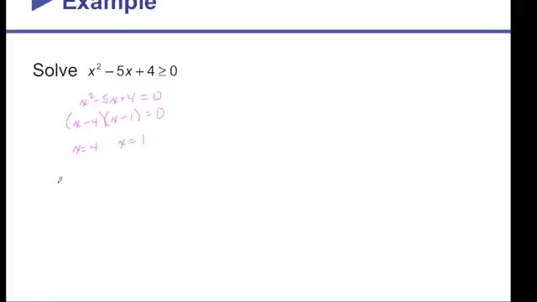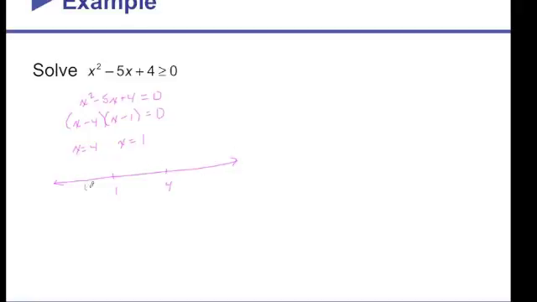Now, the sign diagram. We basically draw a number line, and we identify 1 and 4 on that number line. And then we pick values. One value before the first, one value between, one value afterwards.